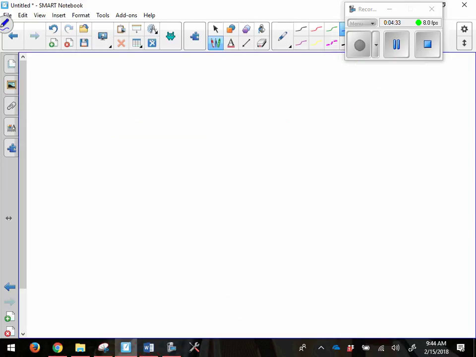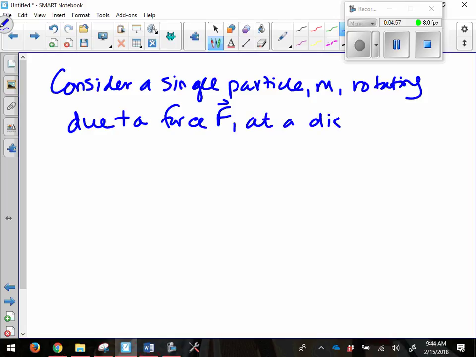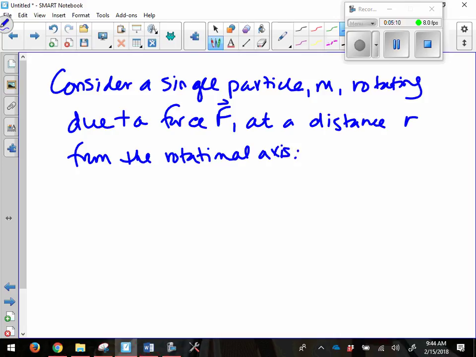Okay, if we consider a single particle, M, rotating due to a force, F, at a distance, R, from the rotational axis, then we can say some stuff.